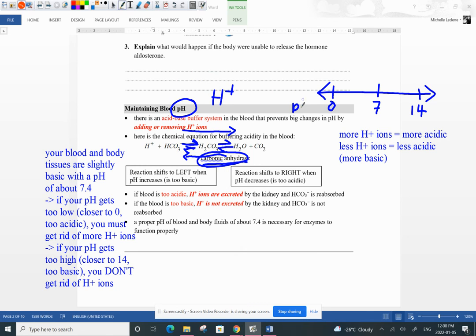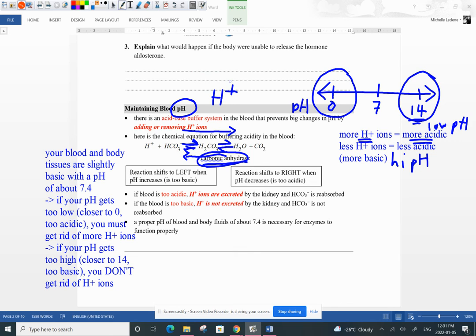So the more hydrogen ions there are, the more acidic it is, and that means we're going to be closer to this end of the scale. More hydrogen ions, more acidic, is going to be a lower pH. On the other hand, when you have less hydrogen ions, it's less acidic, so it's more on the basic end, and that's going to be a higher pH, and the values are going to be closer to 14.